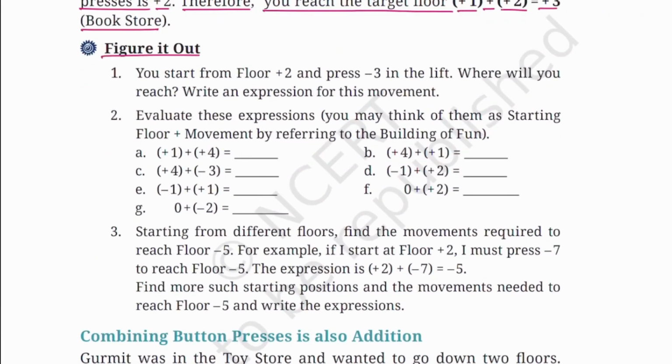Figure it out. 1. You start from floor plus 2 and press minus 3 in the lift. Where will you reach? Write an expression for this movement. The starting floor is plus 2. You press minus 3.